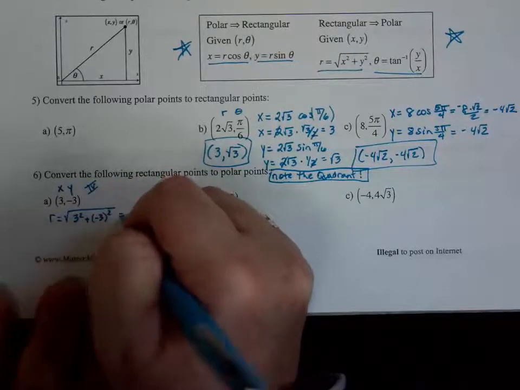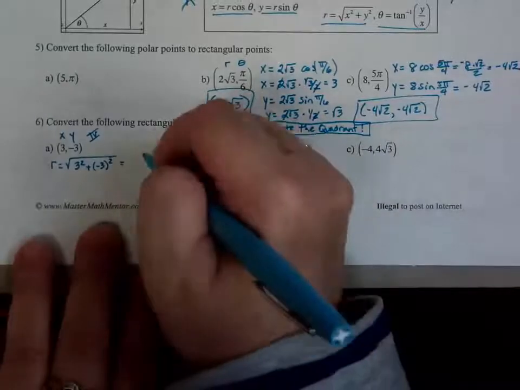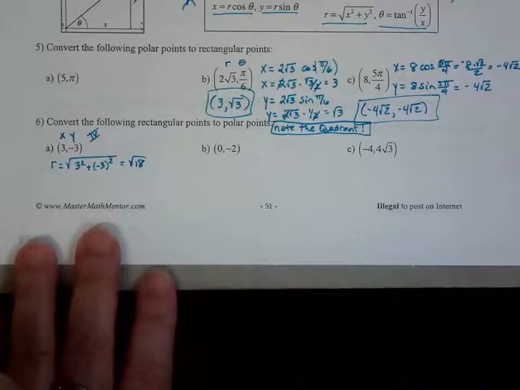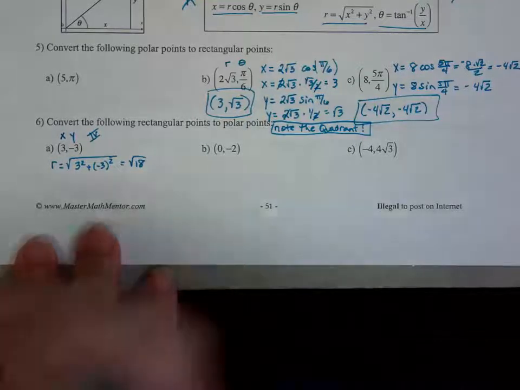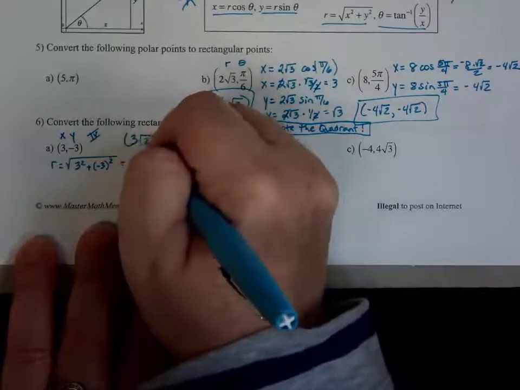So I write 3 squared plus negative 3 squared, which is the square root of 18. Agreed? I don't want a decimal. I want a simplified radical. What would 18 be if I simplified it? 3 square root of 2. So this is going to be 3 square root of 2, comma something.